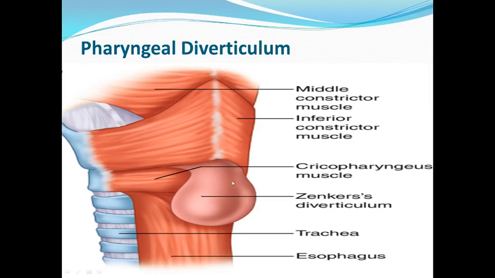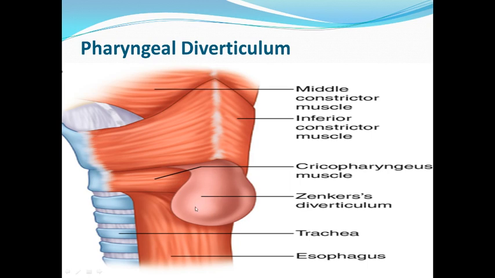And yes, last but not the least is the pharyngeal diverticula. We have already discussed Killian's dehiscence, and these pharyngeal diverticula are formed basically from the outpouching of this dehiscence. The Killian's dehiscence will be outpouched due to the weak wall.